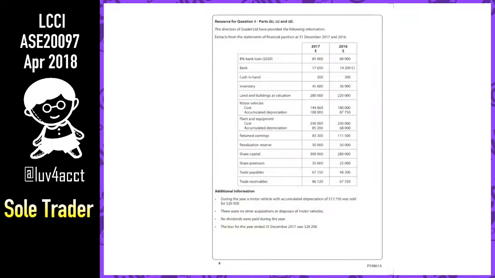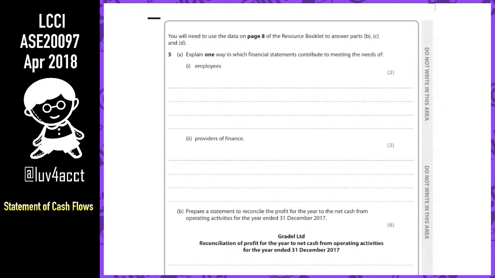So last question, of course, statement of cash flows. First, explain one way in which the financial statements contribute to meeting the needs of the interest of these stakeholders. 2 marks each, that means you have to explain a little bit more. But one way, that means you have to drill deeper, but not give more points.